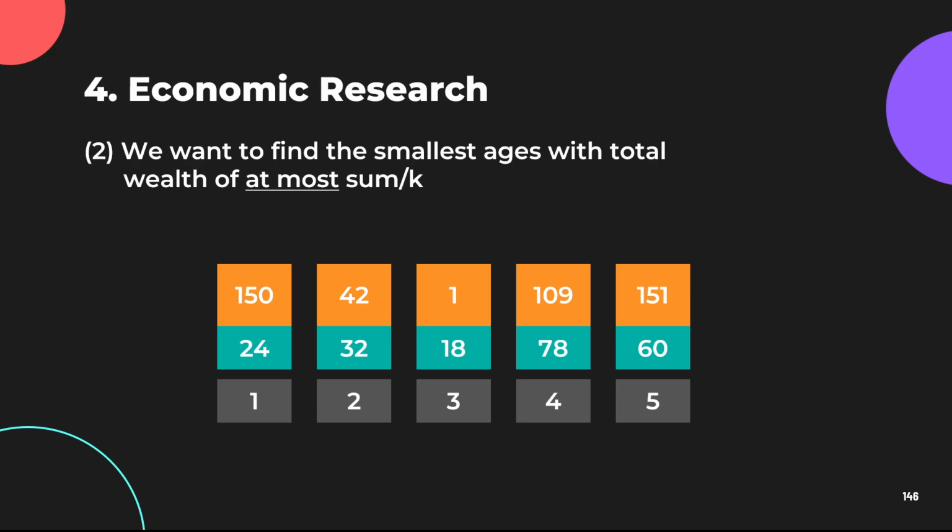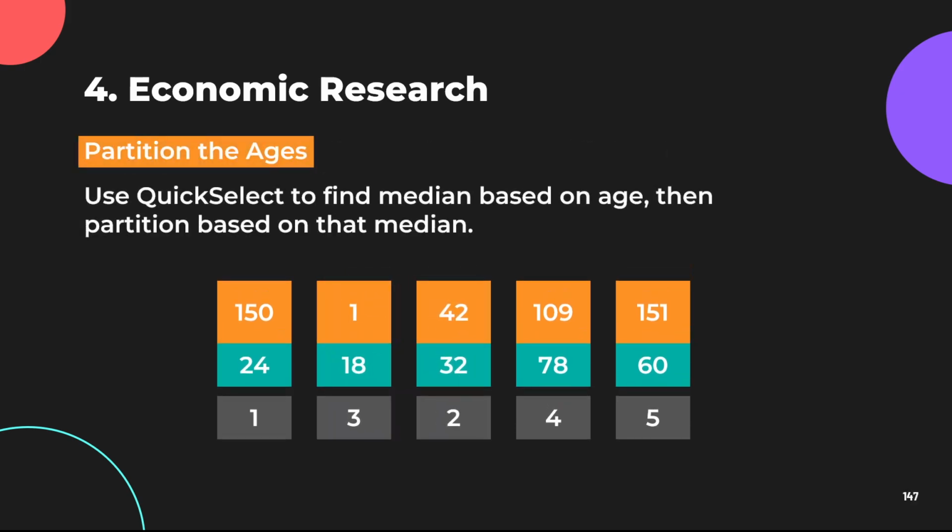If I try to do this algorithm, if you see the way I plot this out, can anyone figure out which algorithm I'm going to use? If I want to find the smallest age group that has the wealth at most 151,000, I'll take one as a pivot, then I partition the ages based on that pivot.